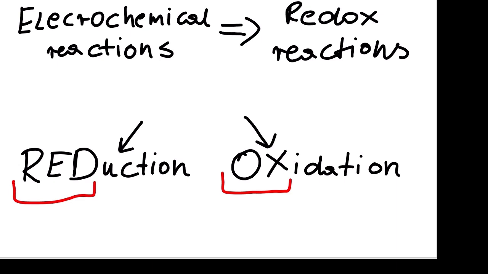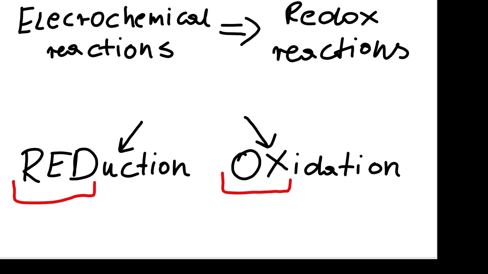Both of these reactions always proceed together. There is no situation where either of these reactions proceeds alone. I mean, if there is a reduction reaction in the system, there should always also be an oxidation reaction.